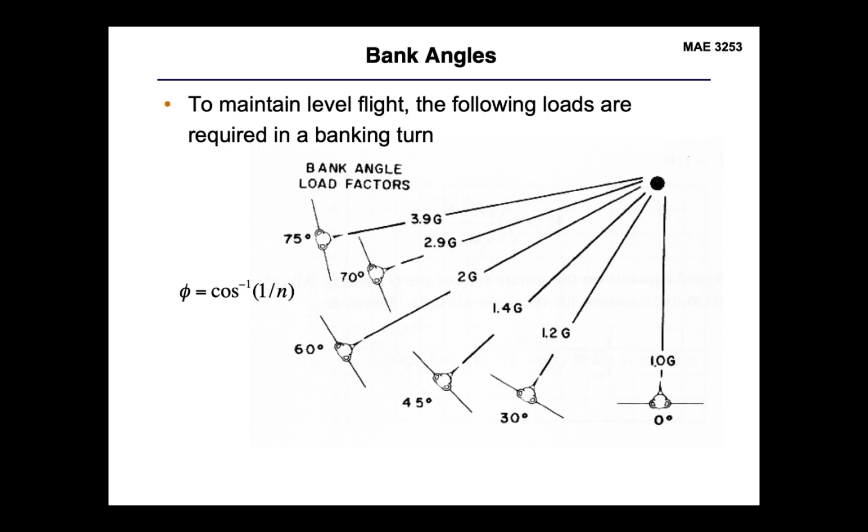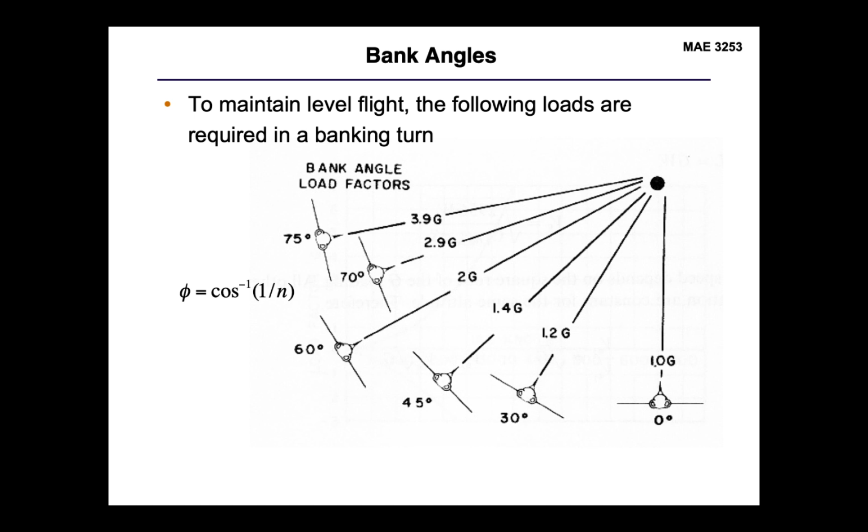Now we can relate the capability of the bank angle directly to the load factor that our aircraft is able to sustain. So as we're increasing that bank angle phi, we can actually write that in terms of the load factor n that we've already defined from our previous slide.